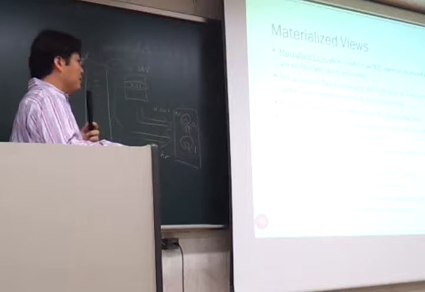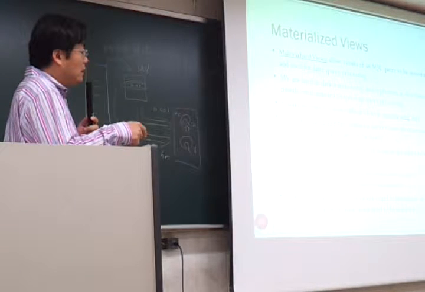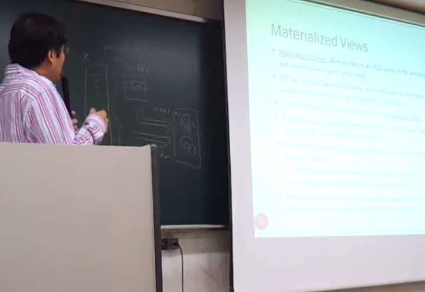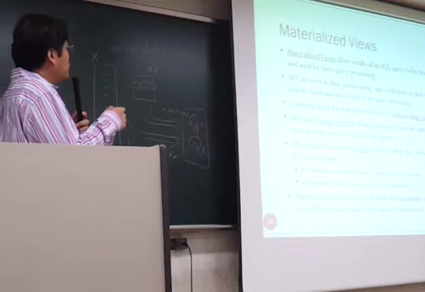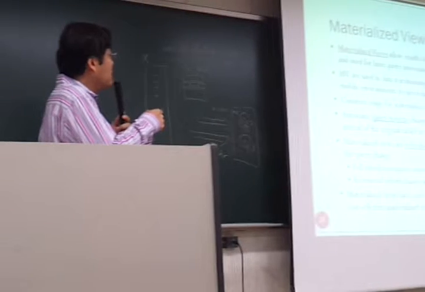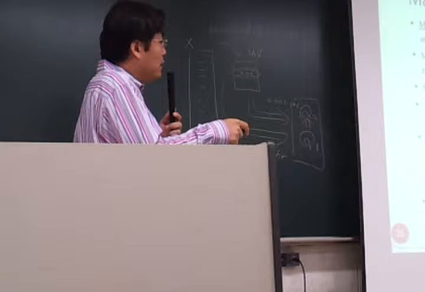But there are some good things and bad things about the materialized views. It takes some space and maintenance cost. Okay? So because you are using extra space here, the MV takes up some more space. Okay? Also, there is some maintenance.